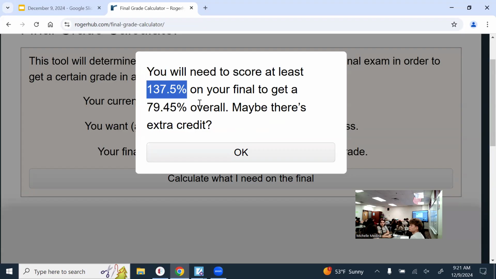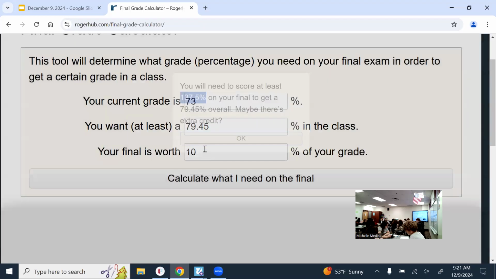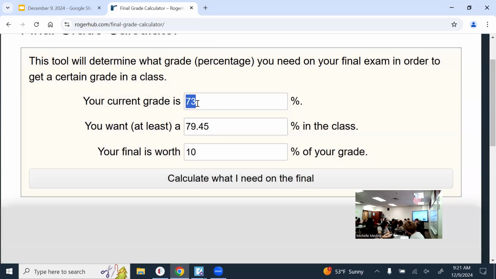For my class, we just talked about, yeah, it is possible. You could get up to 150% if you miss nothing. So 137% is like missing very little, but it is possible. Again, this gives you realistic expectations. If this was the person, they should probably get that grade higher in order to better solidify their chances of getting a B, but there is still a chance with just the final. All right, questions on anything I just said?